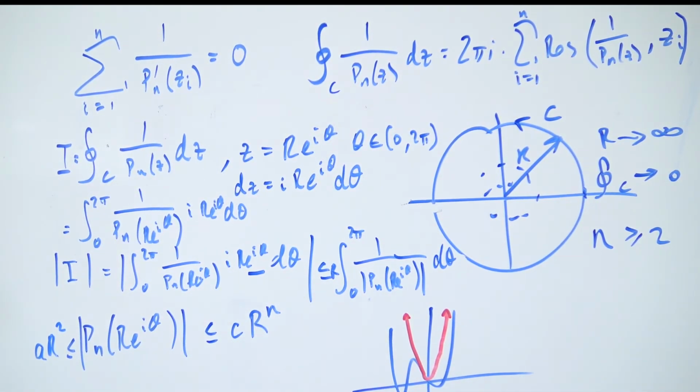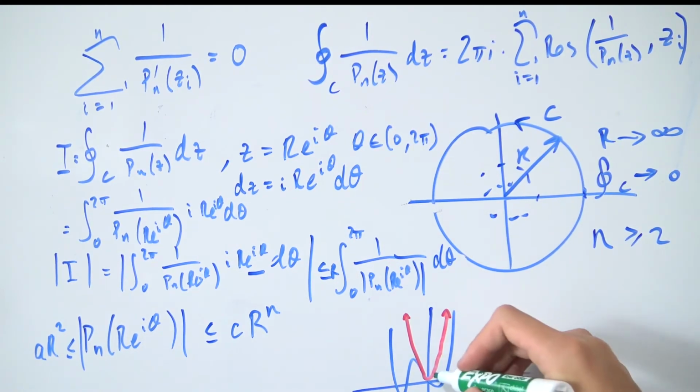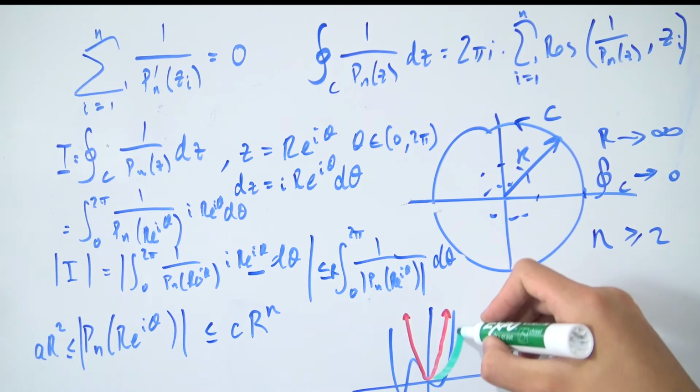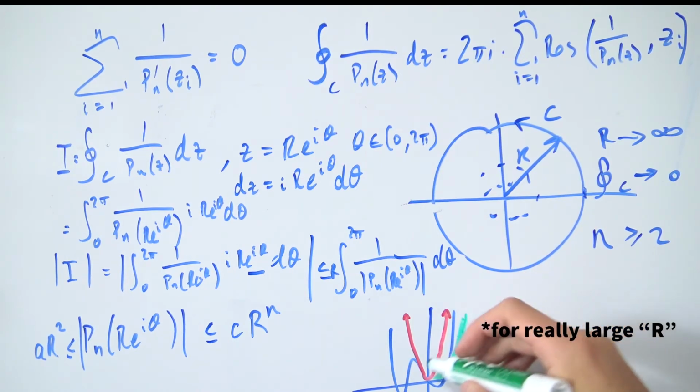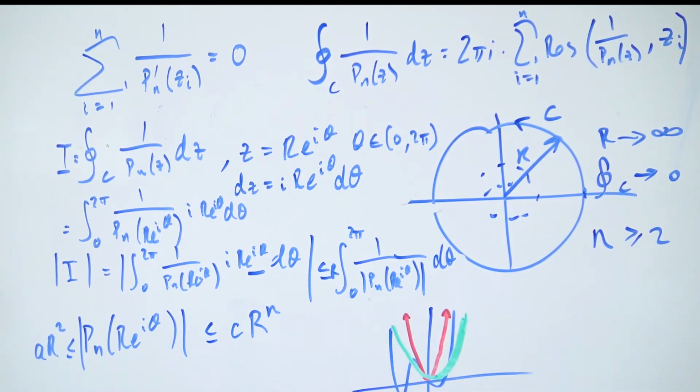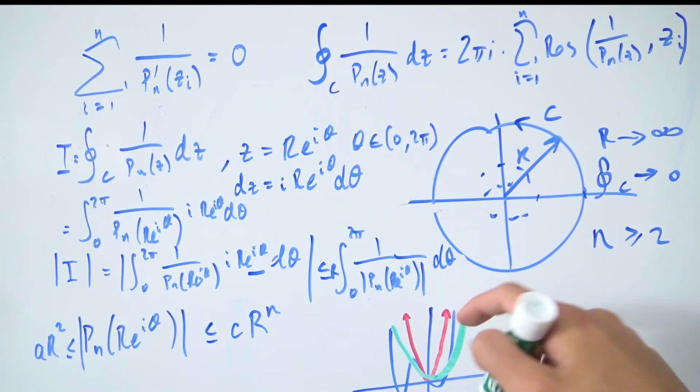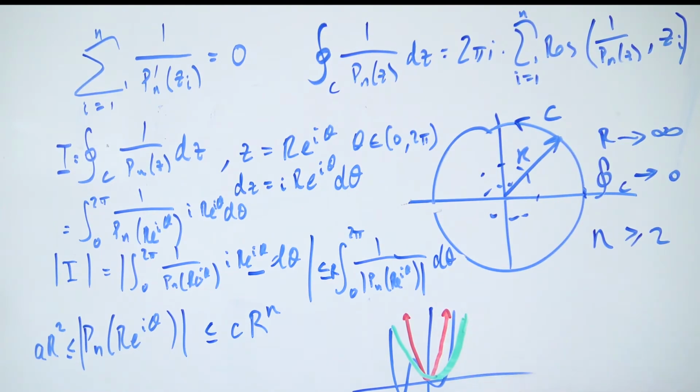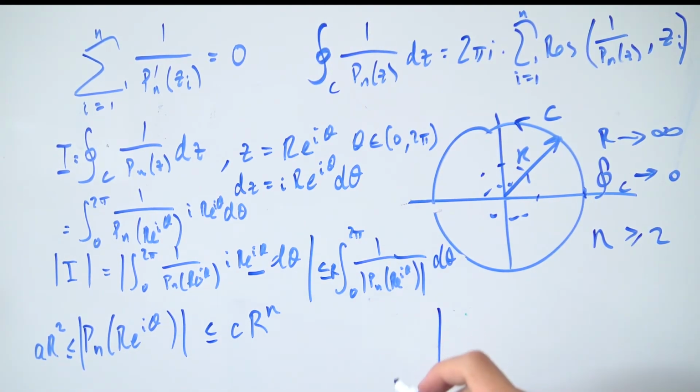Because you can always find a quadratic, a r squared, that is less than our Pn for really large r. So even though we have stuff hanging off the ends that might not always be less than or greater than our Pn, for really big r, our polynomial will always stay in between these two lines.